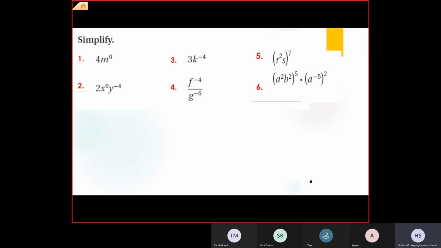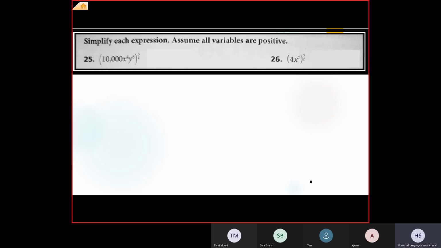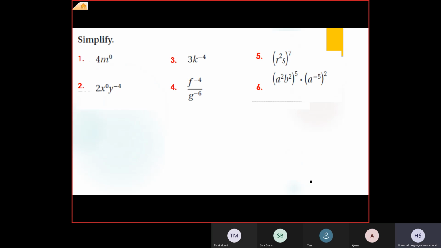Here we have variables raised with an exponent. Your lesson in your book is complicated. We need to start with this part, just an introduction, in order to solve the other parts.